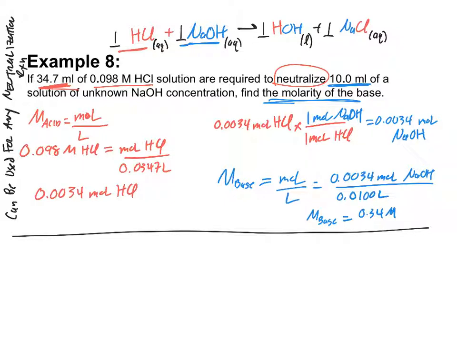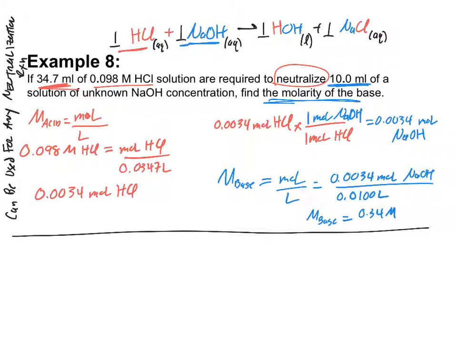So my 0.0034 moles of HCl, I had to convert to moles of base, and in this case, they were the same. And so at that particular point, I then took moles divided by liters to calculate the molarity of the base, because moles is different than molarity. So you pretty much just use the first half of the equation, you don't worry about the second at all? The first half of the chemical equation? Okay, yeah. Is that what you're asking? Yes. That is what you're using.